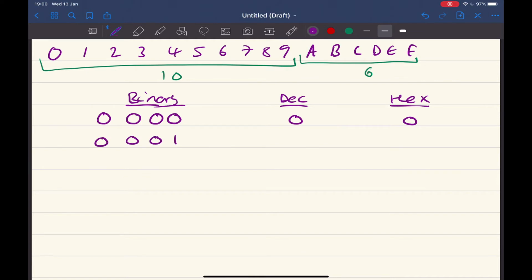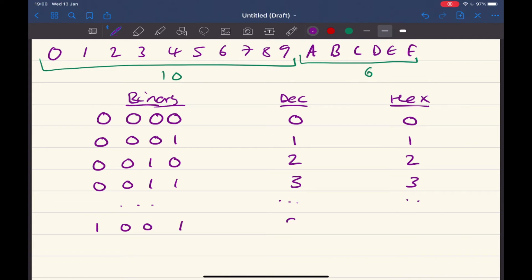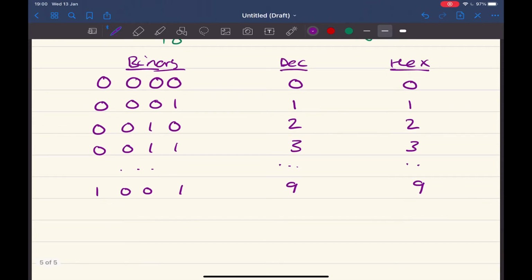If we took the next one then, it would be a 1. In decimal, that represents the number 1. Therefore in hexadecimal, that represents the number 1. We now have 2, and you can see they're following a similar pattern with the binary and hex. And what I'm going to do is say this goes all the way up until you get to 9.